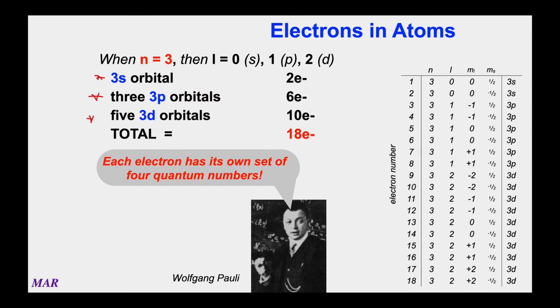And as before, we can break all those quantum numbers down. Here are the 2 3s electrons. Right to there represents the 6 3p electrons. And then finally, you've got the 10 3d electrons. Notice the patterns. Quantum chemistry and quantum physics is just filled with patterns.